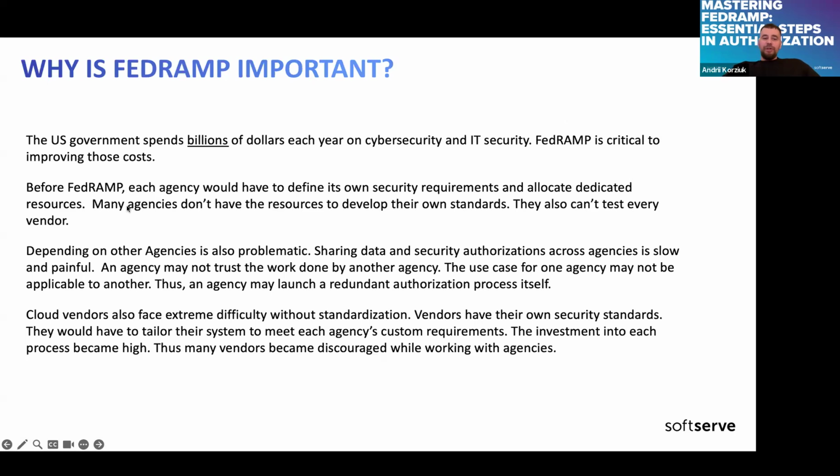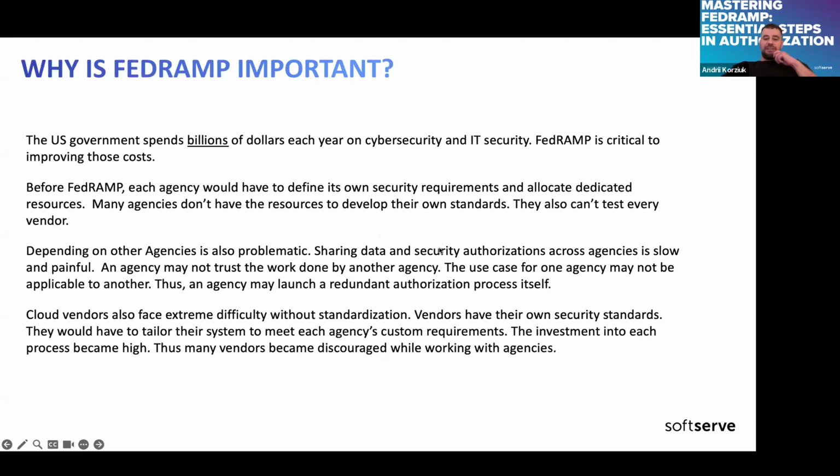Why? Before FedRAMP, each agency would have to define its own security requirements and allocate dedicated resources. Many agencies don't have the resources to develop their own standards. They also can't test every vendor. Depending on other agencies is also problematic.